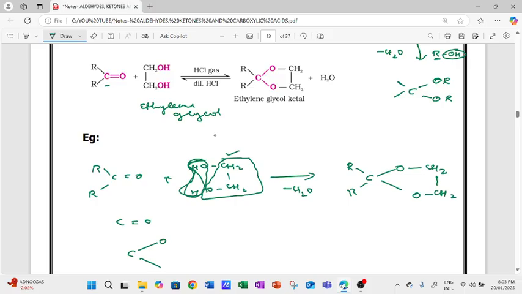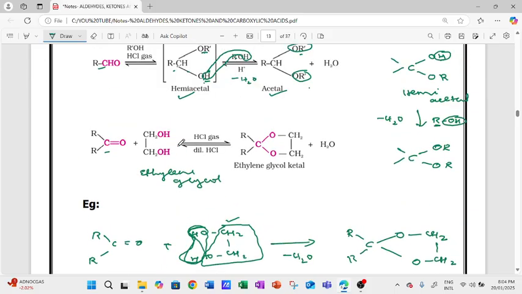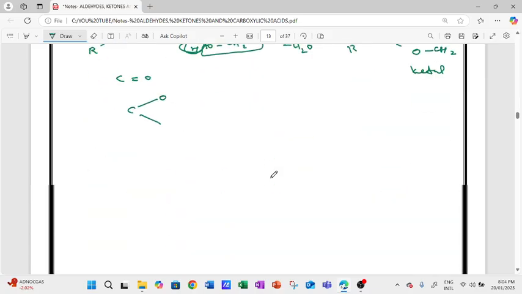It is connected with an oxygen atom. That oxygen is connected with the carbon atom of ketone. So we are getting a 5-membered ring structure like this. It is called a ketal. This is a specific reaction only for ketone. So this is how acetal and ketal are produced as a result of nucleophilic addition reaction of carbonyl compounds.